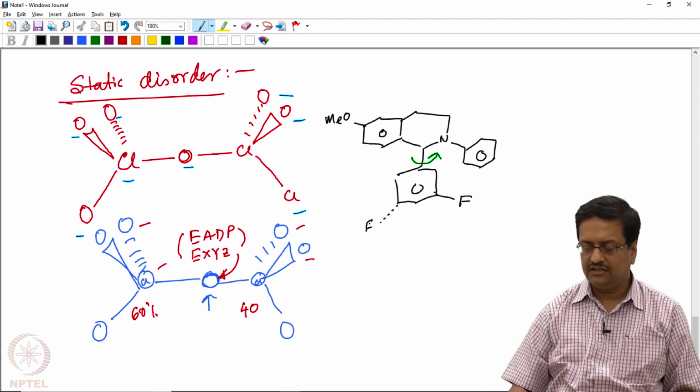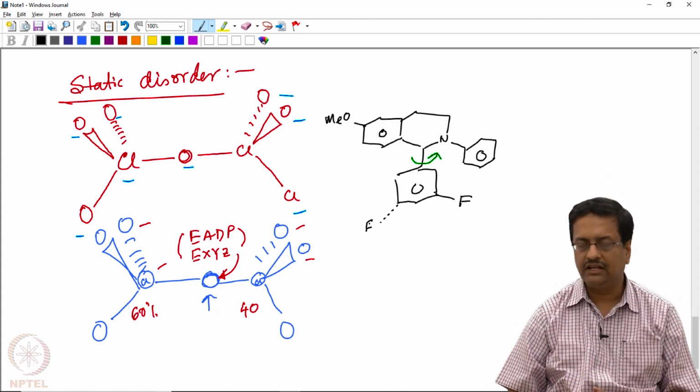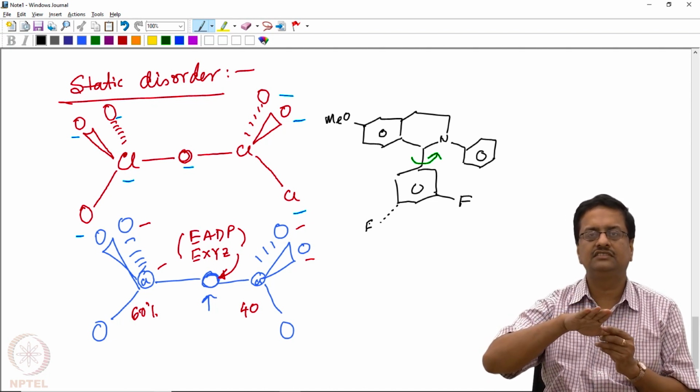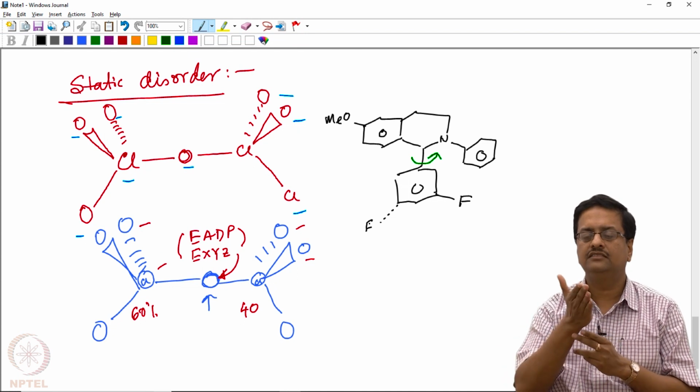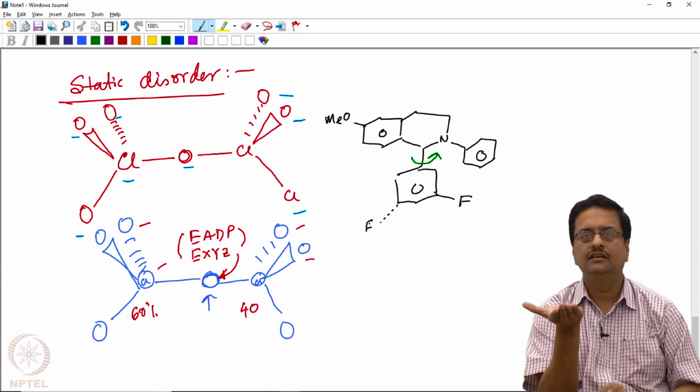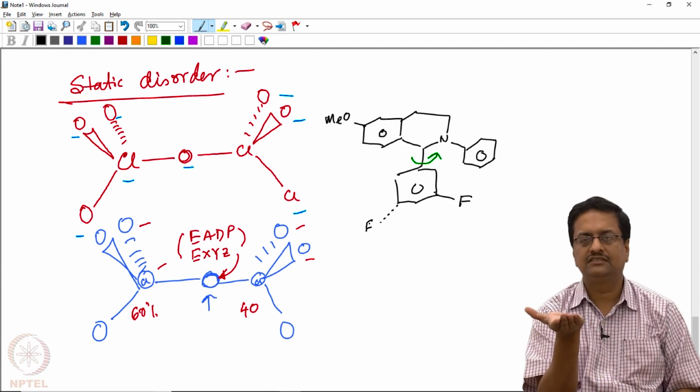And it was seen in our lab as one example. This fluorine is on one side about 60%, and the bond is rotated exactly 180 degrees, making the fluorine on the other side appear for 40%.